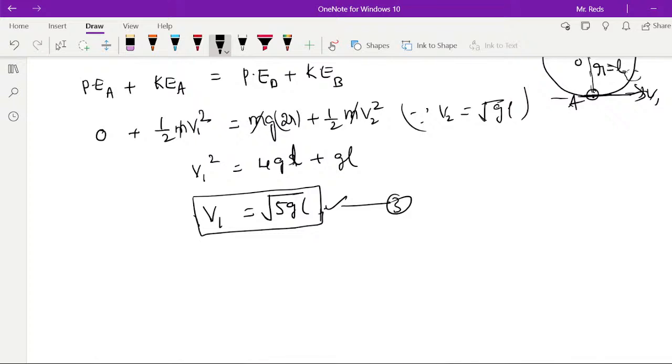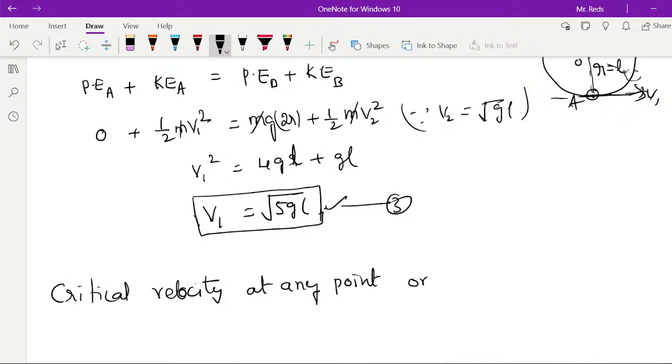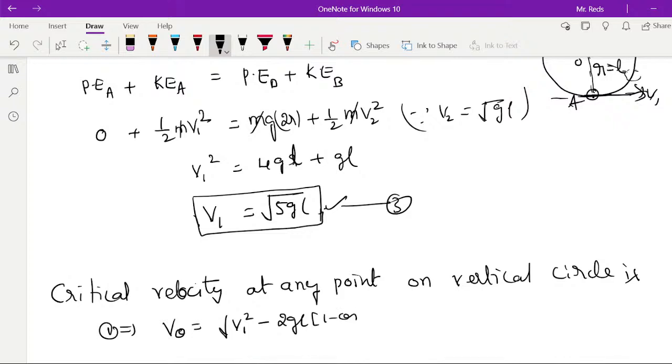From 1, the critical velocity at any point. Critical velocity is nothing but the minimum velocity required at that point for the circular motion to be complete. That is the meaning of it. Critical velocity at any point on a vertical circle is, from equation 1, v at any angle theta is equal to square root of v1 square minus 2gl into 1 minus cos theta.